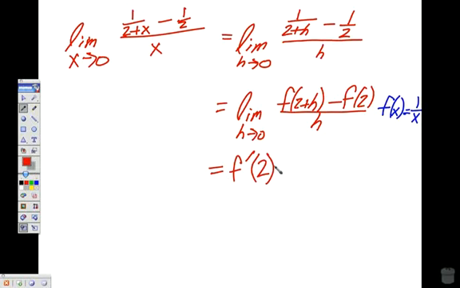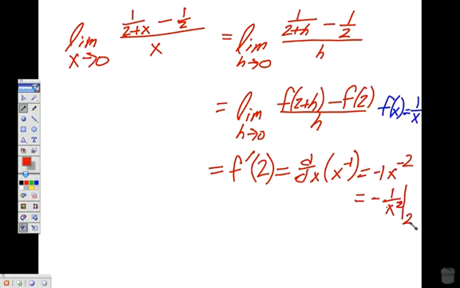And so all we got to do is the derivative of 1 over x. Well, that means we're taking the derivative of x to the negative 1, which, as you know, is negative 1 times x to the negative 2. So that's negative 1 over x squared, evaluated at x equals 2.